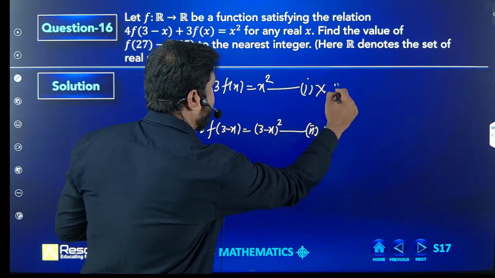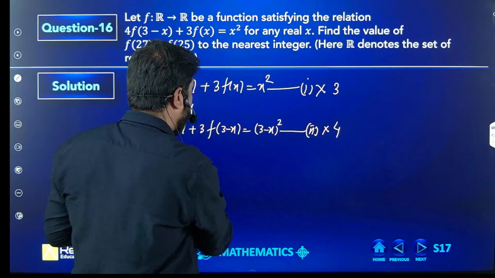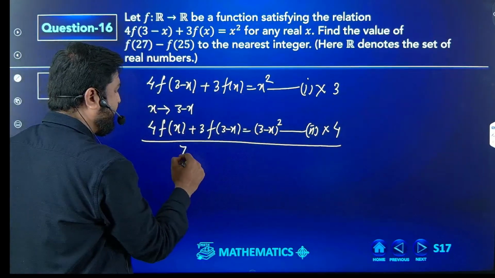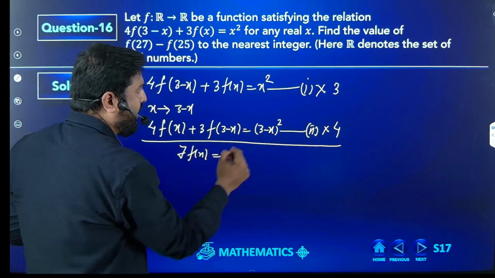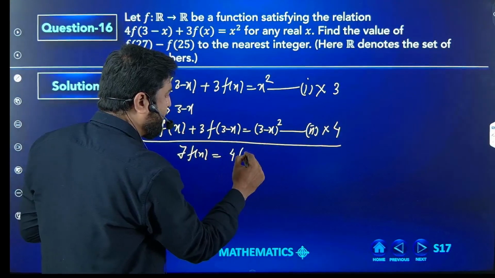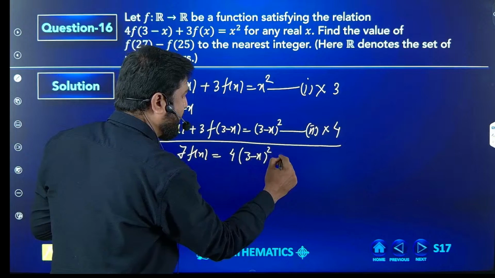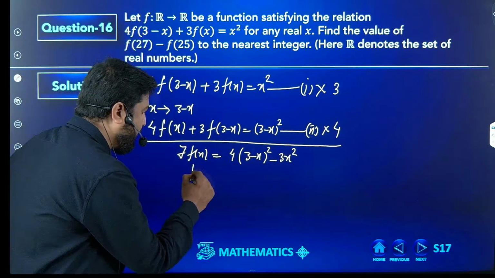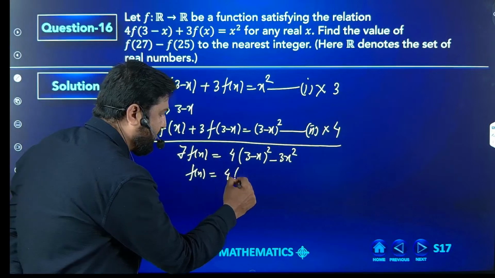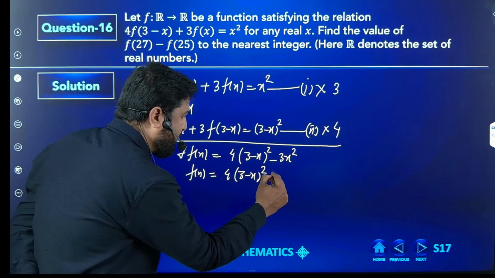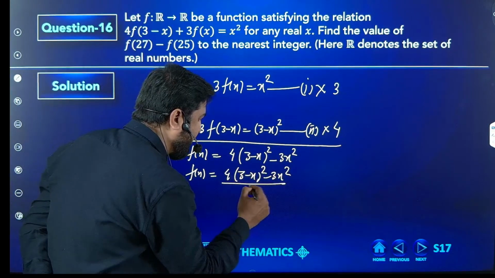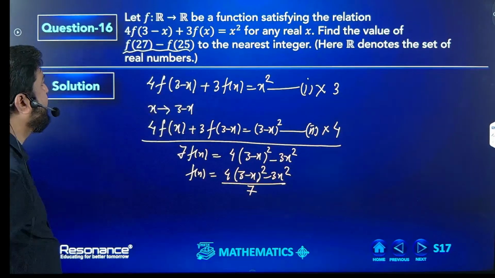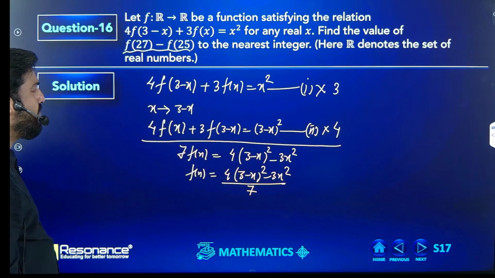Now if you subtract, 16 minus 9, this is nothing but 7 f(x), and on the right side 4 times (3 minus x) whole square minus 3 x square. So f(x) is nothing but 4 times (3 minus x) whole square minus 3 x square, whole divided by 7. Now according to the question, you find f(27) minus f(25).